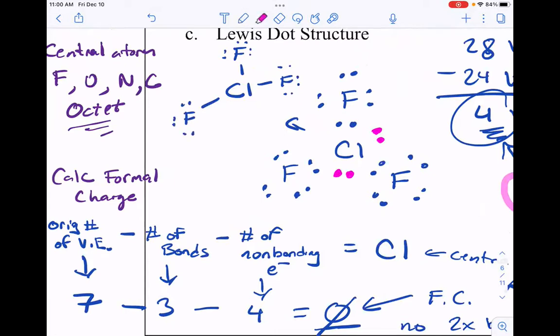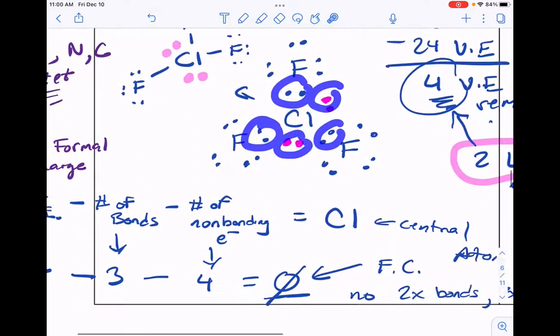And then I'll do this in pink, 1 and 2. Okay. So I have 1, 2, 3, 4, 5, just so that way you guys can see it.